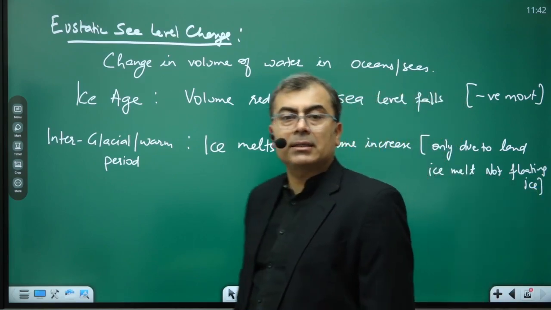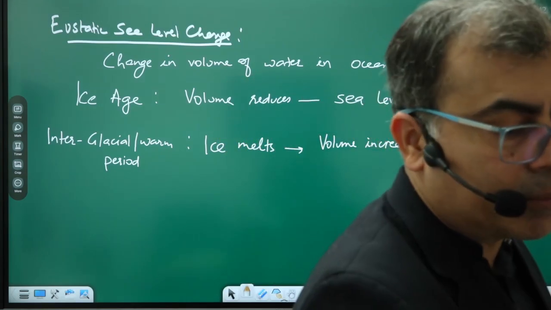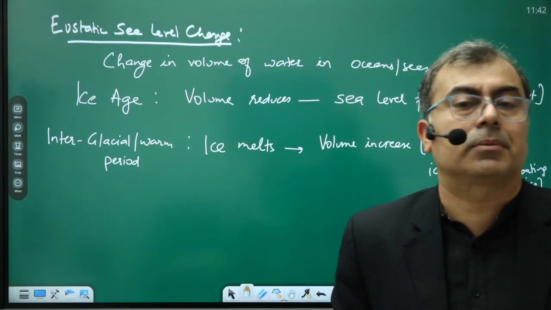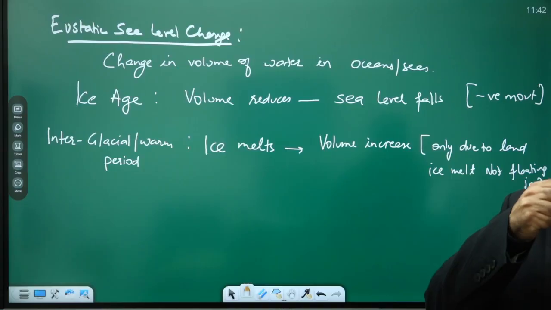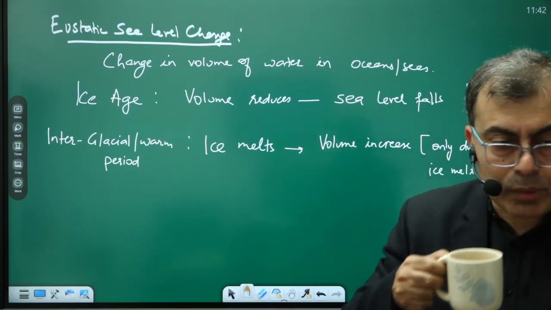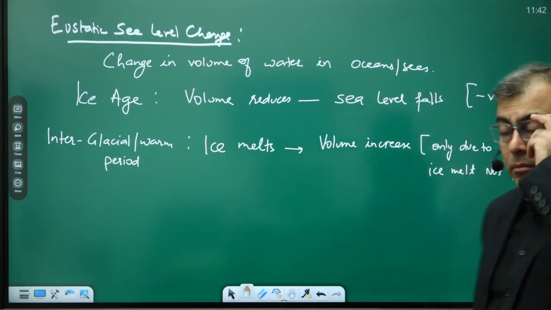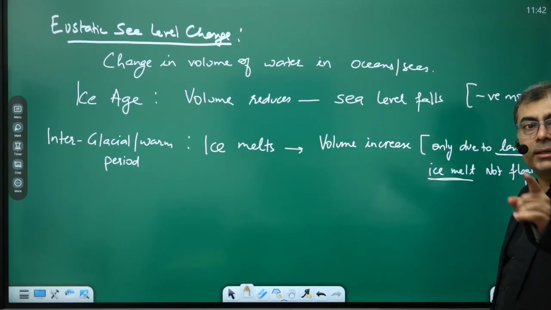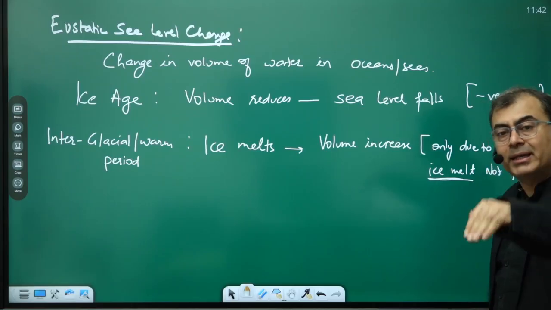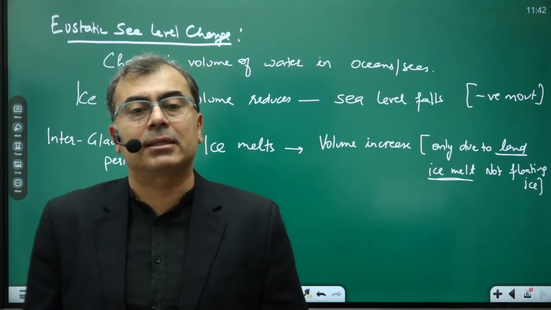So if ice is floating and it melts, the volume will not change because already it had displaced that much volume. Do we get that? So whenever we are talking of sea level will change, that will only be because of land ice melt. So Antarctica and Greenland पे melt होगा तो वही पानी add करेगा. Floating ice, if it melts, does not lead to the rise in the sea level.